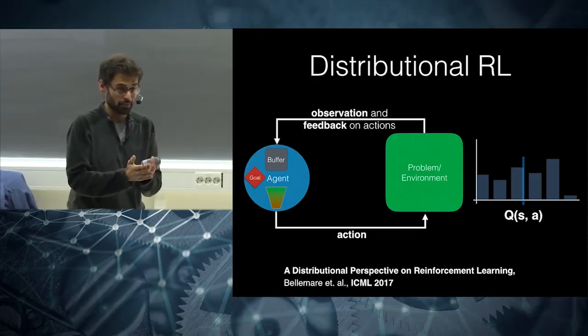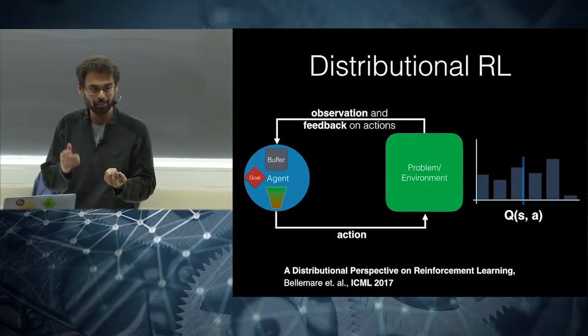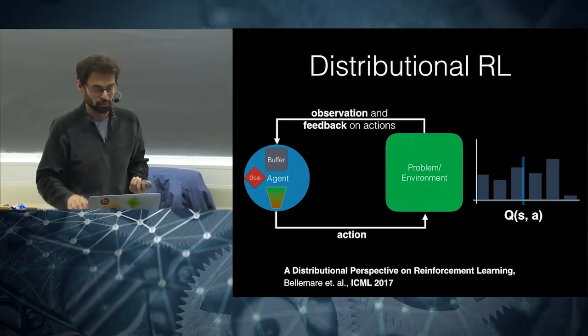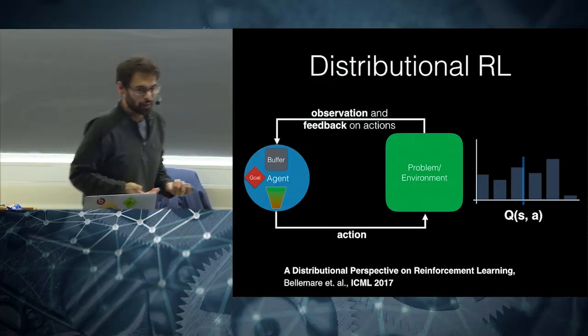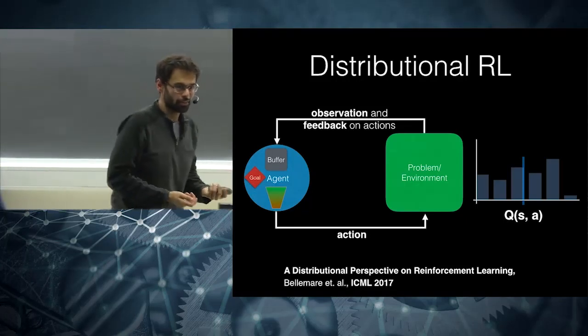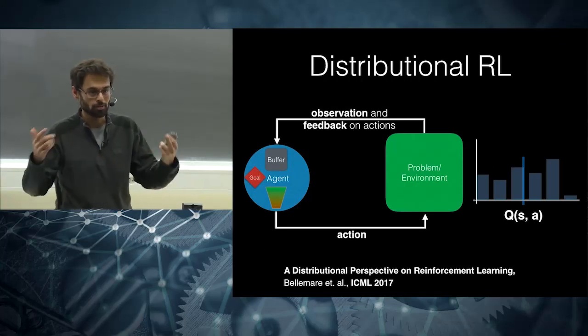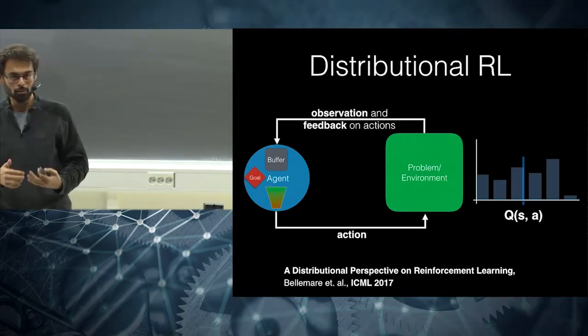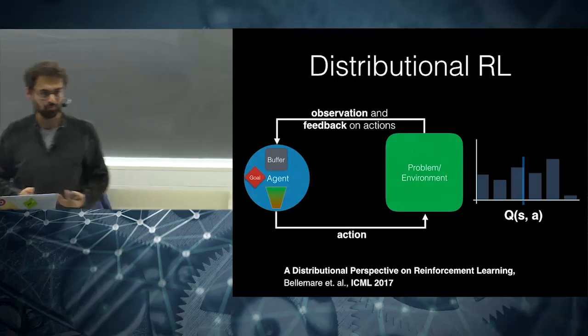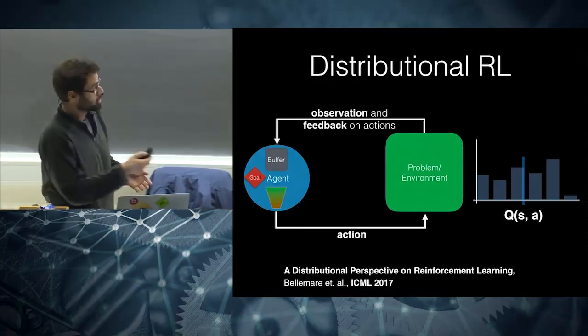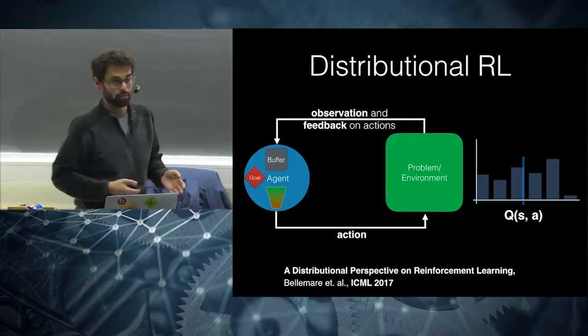It's the expectation. That's the key. It's the mean value. But what if instead of the mean return, we look at the entire distribution of returns? We work in the space of distributions, not expectations. So this is what this work is about.